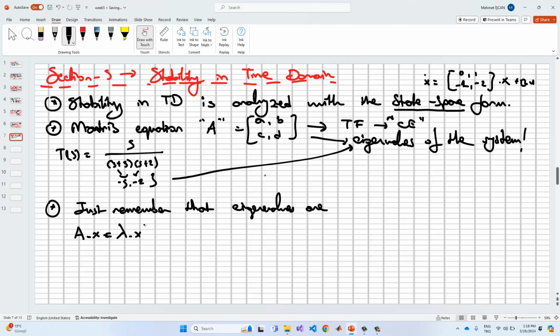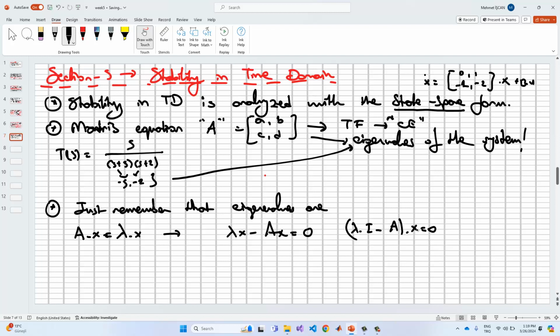In the linear algebra, you studied it, right? And so, in order to find out the eigenvalues of these terms, we need to write this equation with this domain. Lambda x minus Ax is equal to 0. And so x is the common part of this equation. And then (lambda I minus A) times x is equal to 0.